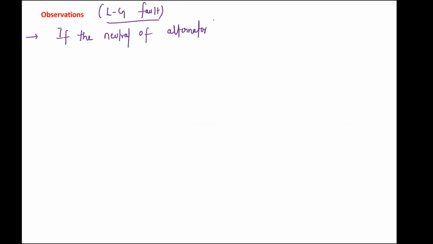Now observations of the LG fault. What are the different observations we have in the LG fault? The first point is, if the neutral of the alternator is not grounded, then what happens?